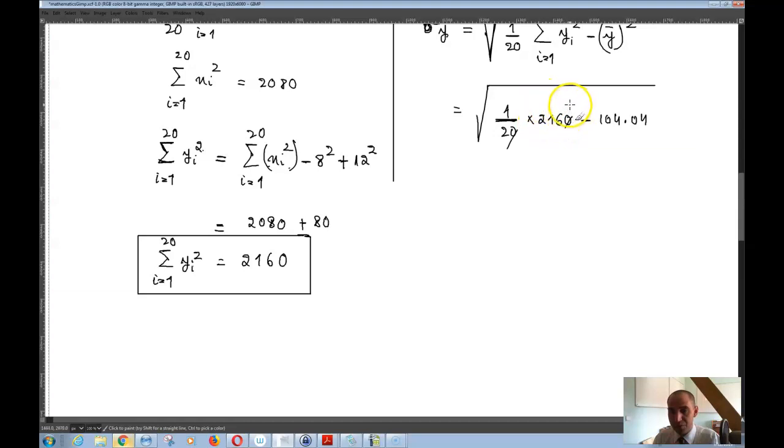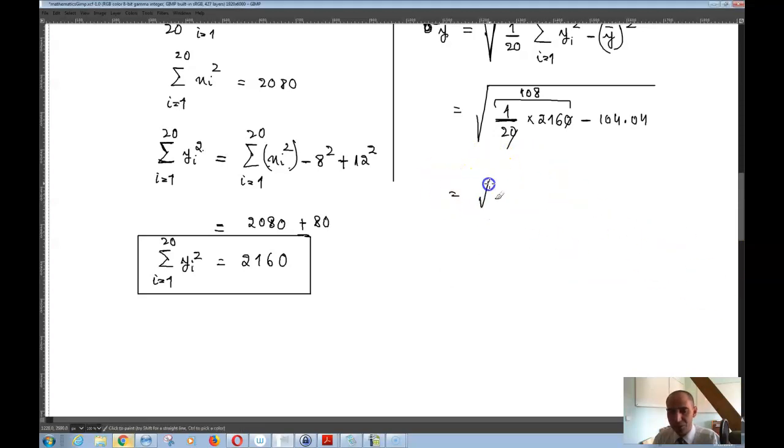So this part becomes 108. 108 minus 104.04 is equal to 3.96.